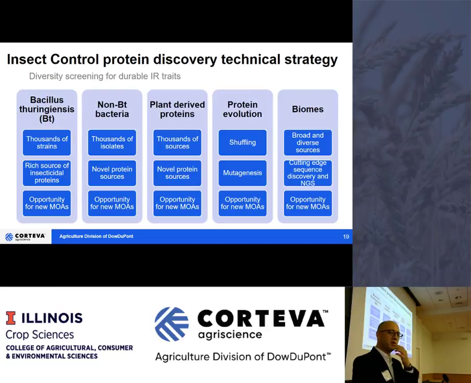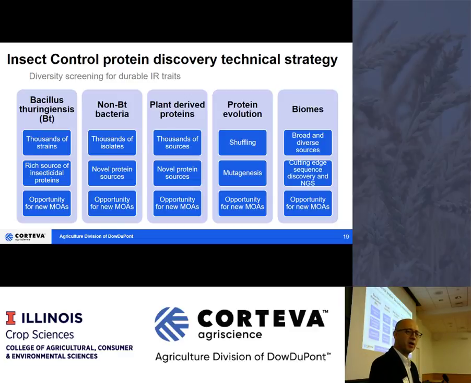So what are we doing in my group? We are trying to create as much diversity in the screenings that we are doing as possible. We are using not only Bacillus, where we have a large collection of strains and we are still mining those, but we are also looking into non-Bt bacteria, where we have other types of isolates. I'm going to have an example of one of those.